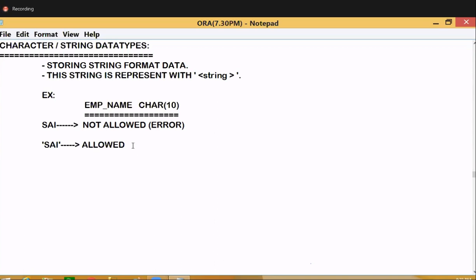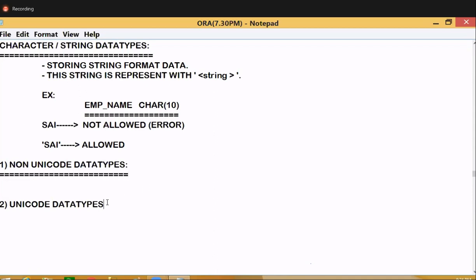Now, these character data types are again classified into two types. The first one is called non-Unicode data types, and the second category is called Unicode data types.